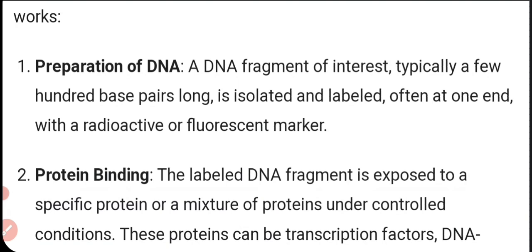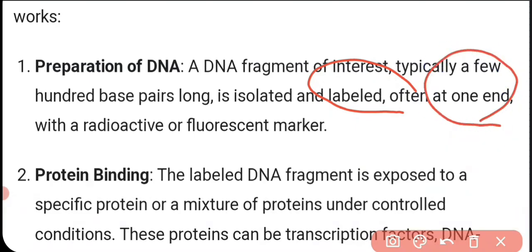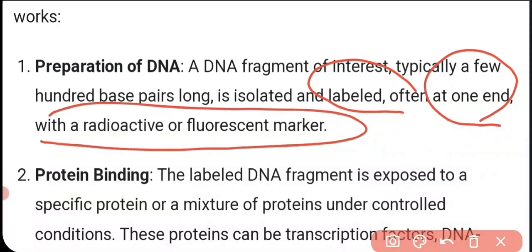Then preparation of DNA. A DNA fragment of interest, typically a few hundred base pairs long, is isolated and labeled. Labeled means some kind of isotope or fluorescent chemical, often at one end, with a radioactive or fluorescent marker, so that we can recognize which part is visible.